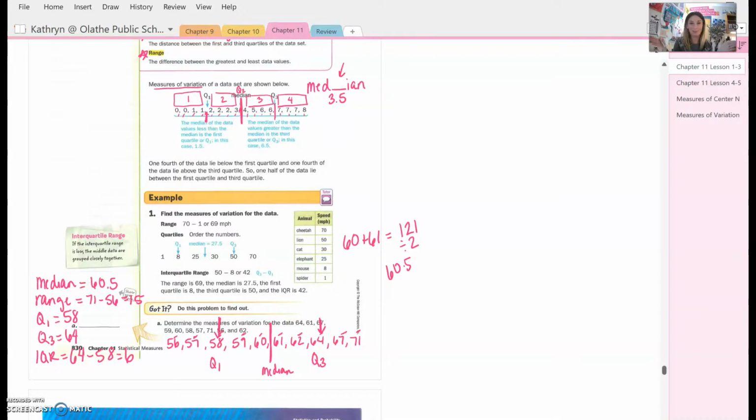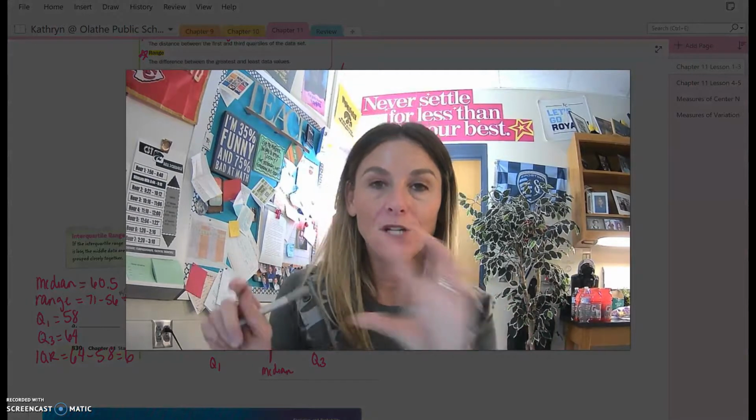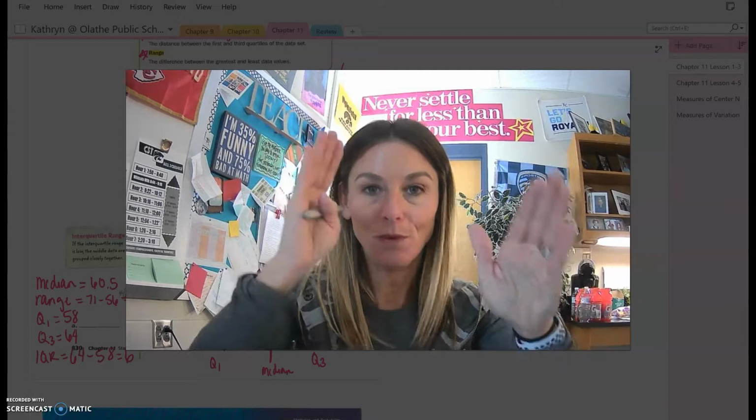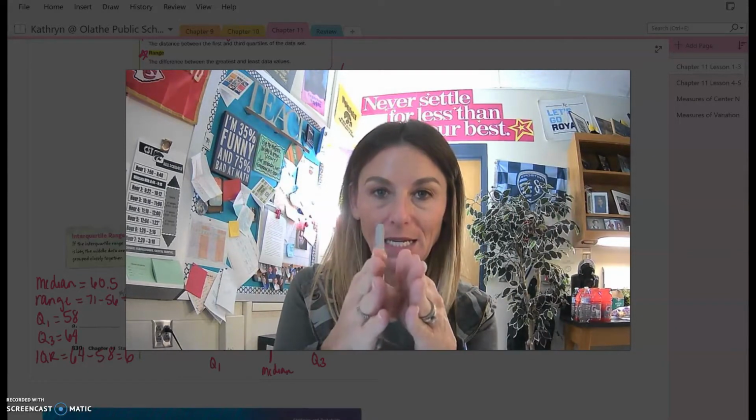And then we're just going to subtract. Super easy, but you can make a very simple mistake. So make sure that when you're doing this, you're taking your time, you have them all lined up, and you count in, or whatever strategy you use to find the median of each piece of data.